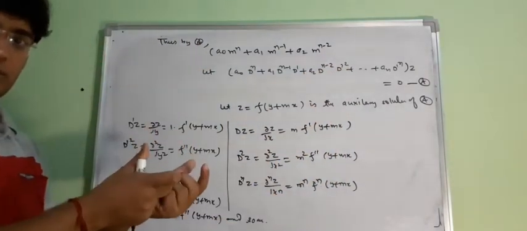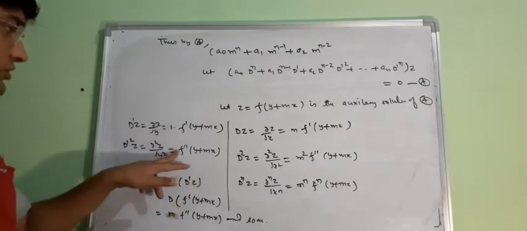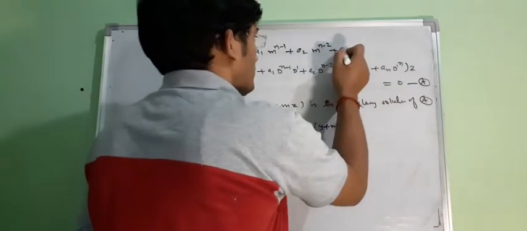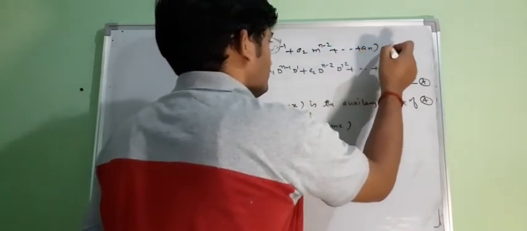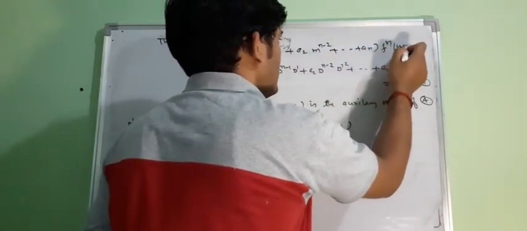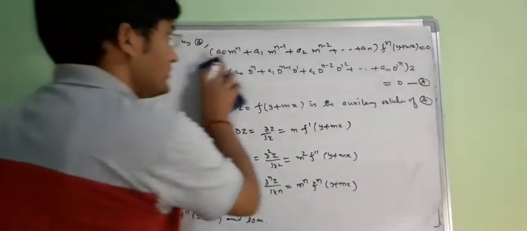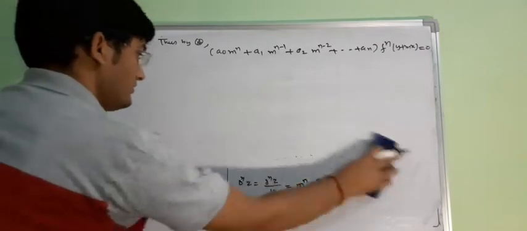So the combined power will be n, and there is no coefficient when we differentiate with respect to y. So we will get a n of f n y plus mx equal to 0. So after putting these values in equation number A, we will get this equation.